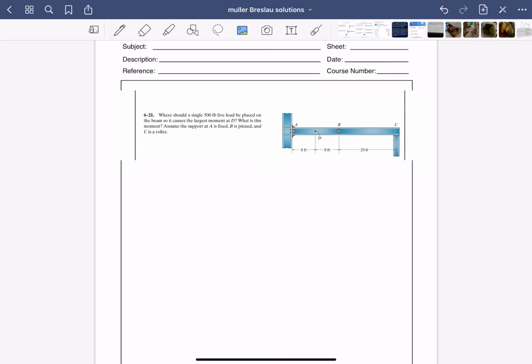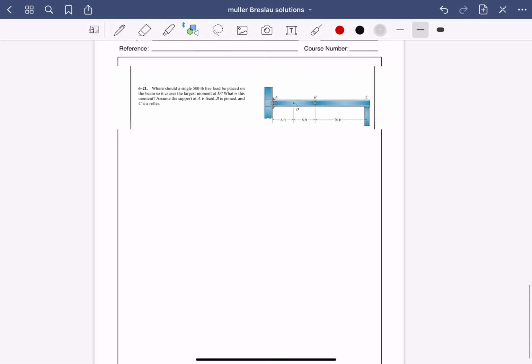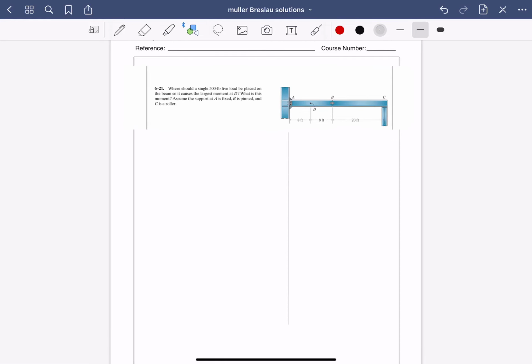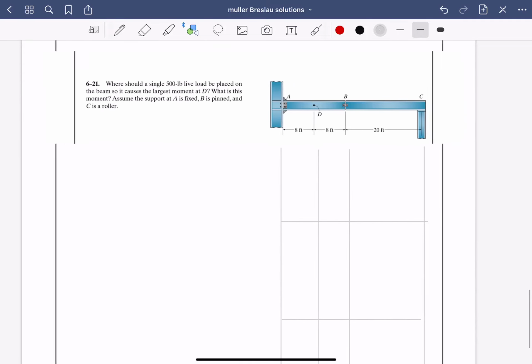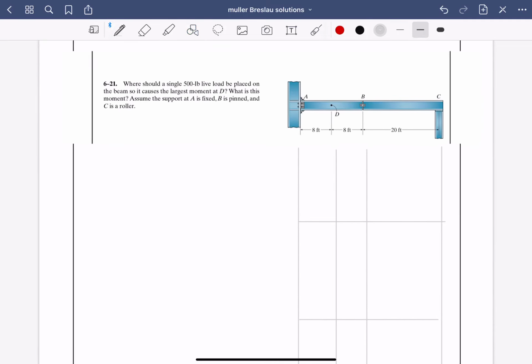It's a very similar problem right here. First they talk about the load, being because of the largest moment at B. Is it just one question?